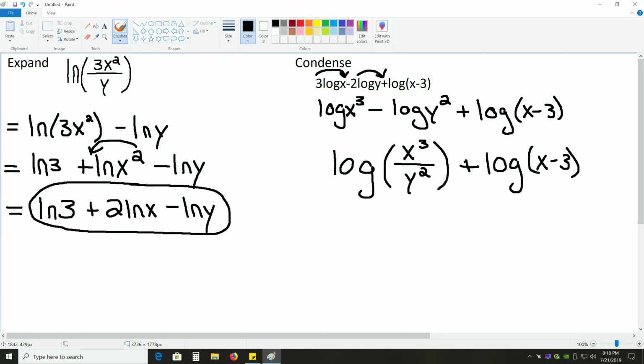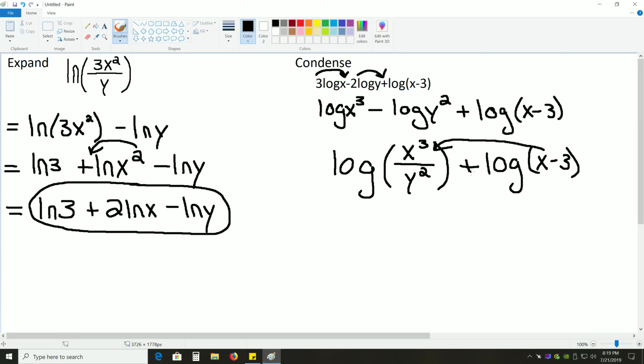Now, because we are adding these two logs together, we will multiply the insides. So you could go through and multiply x cubed over y squared times x minus 3 and create common fractions that can be multiplied straight across. But just always remember, if you are adding the logs together, this value will go in the numerator.